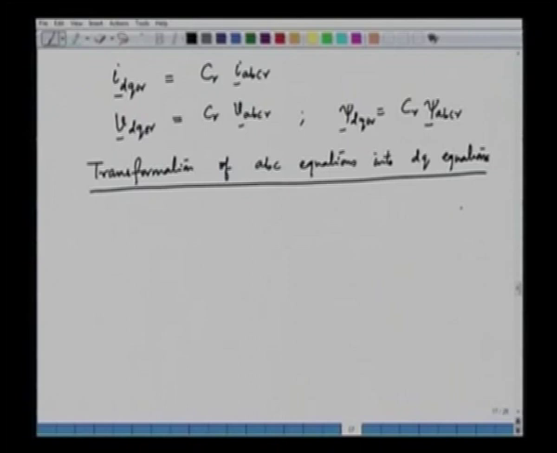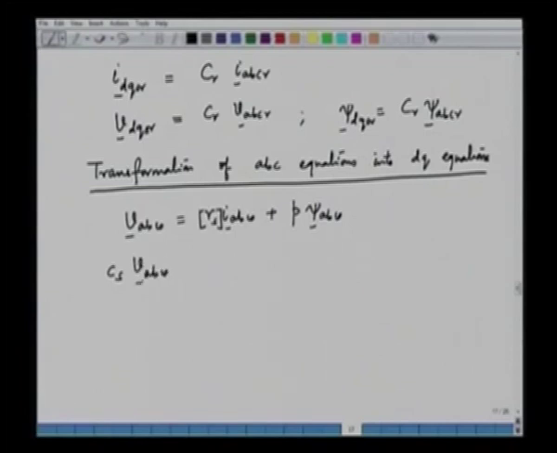We can write down VABCS equal to RS IABCS, where RS is a matrix, plus P psi ABCS, and we can pre-multiply this equation with CS.